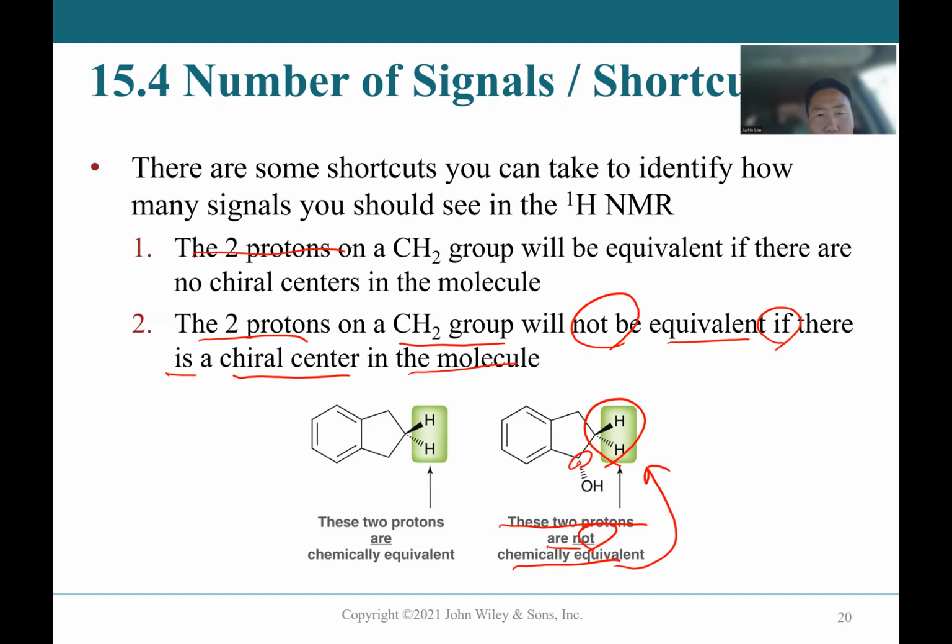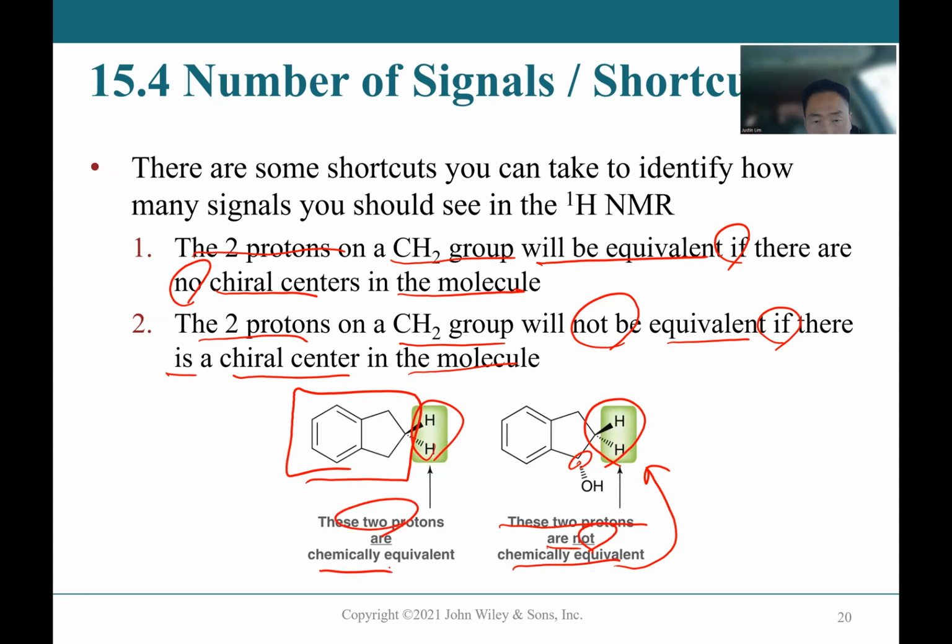The two protons on the CH2 group, this one, will be equivalent if there is no chiral center in the molecule. There's no chiral center in the molecule, so these protons are chemically equivalent.